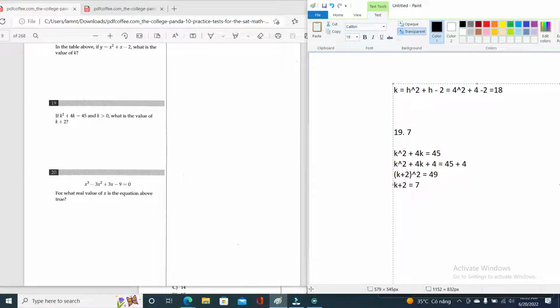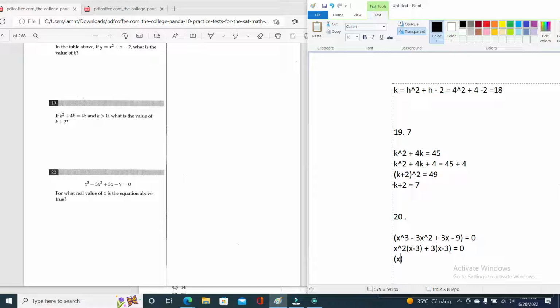Number 20, x cubed minus 3x squared plus 3x minus 9 equal to 0. So x squared outside, x minus 3, plus 3 times x minus 3 equal to 0.